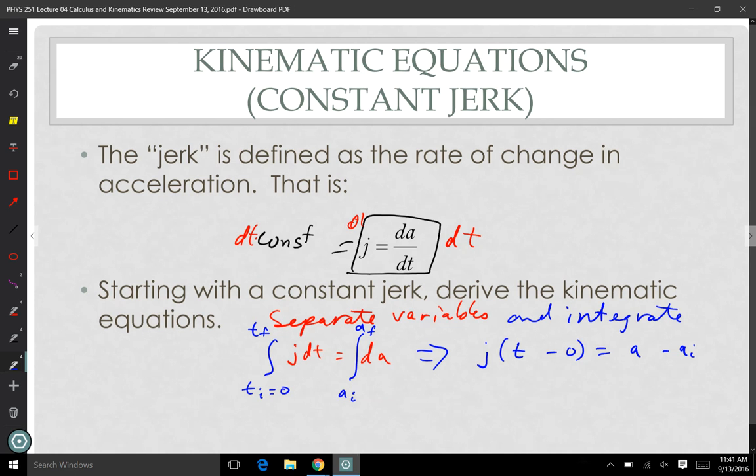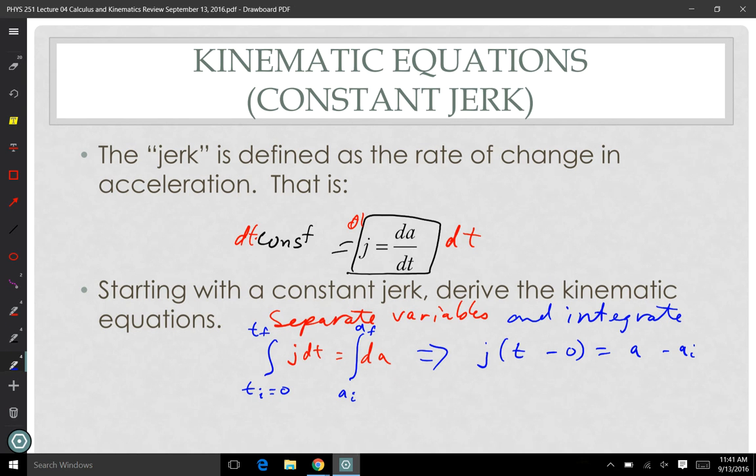How is this integral here different than if I had done integrals without limits? I would have a plus c instead of that, well, in this case, minus a initial. And on the other side, we'd have a plus c, but you'd have the two c's and just combine them into a new c. Right? Plus c1 equals blah, plus c2.